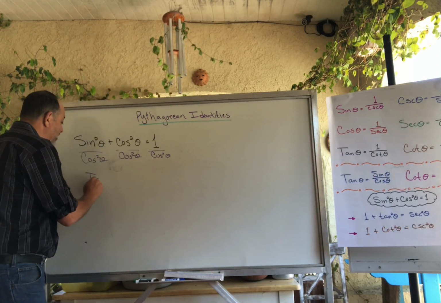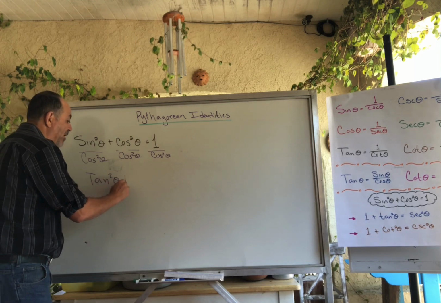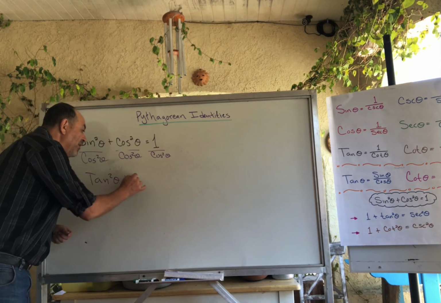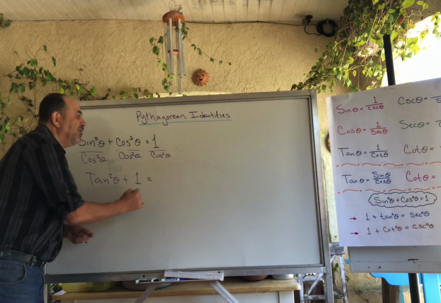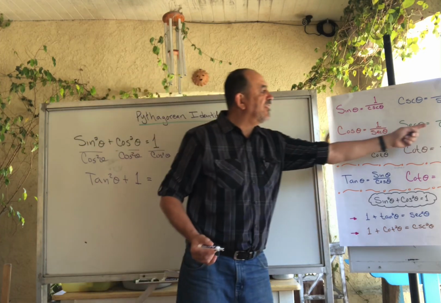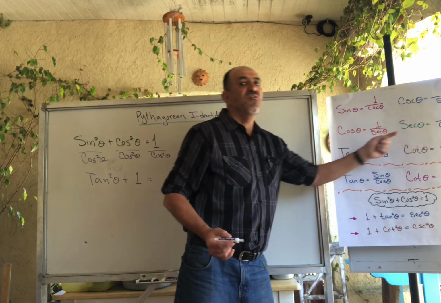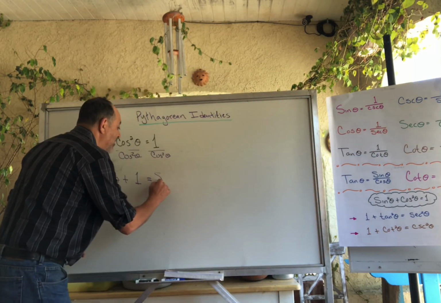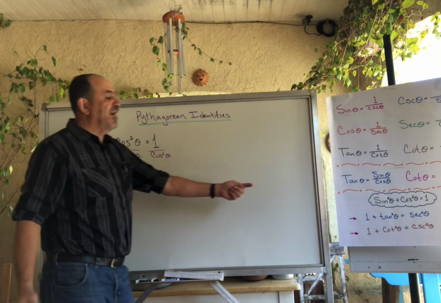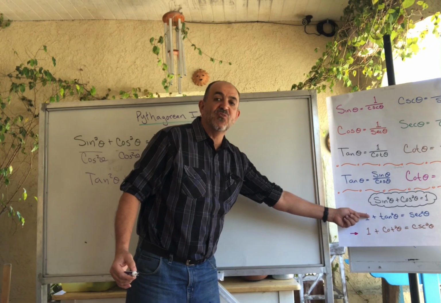So this would be tangent squared of theta plus, what is cosine squared of theta divided by cosine squared of theta? It's 1 is equal to, what is 1 over cosine squared of theta? Well, 1 over cosine squared of theta is a reciprocal here, so it'll be secant squared of theta. And therefore, you have derived the third one here.